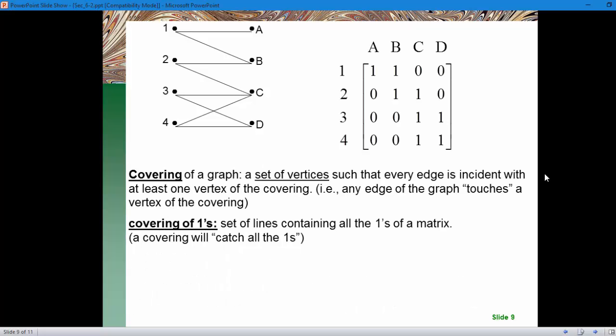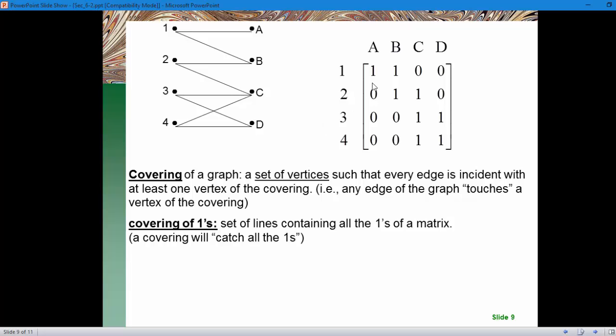Okay, now let's go back to the matrix, the bipartite matrix, and we can actually indicate a covering in the matrix by simply circling an entire line, either a column or a row. So a covering of a graph is a set of vertices such that every edge is incident with at least one vertex of the covering. That's the definition of covering.